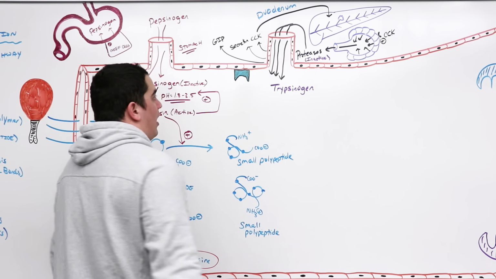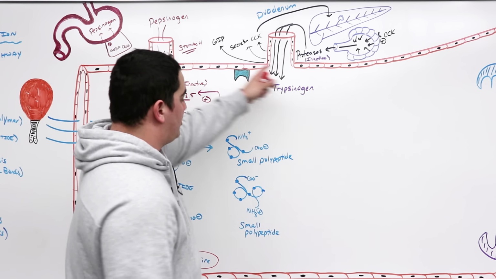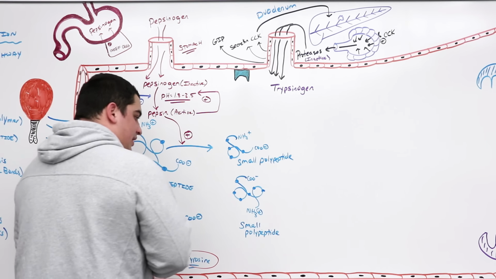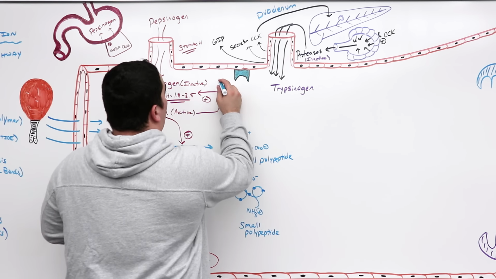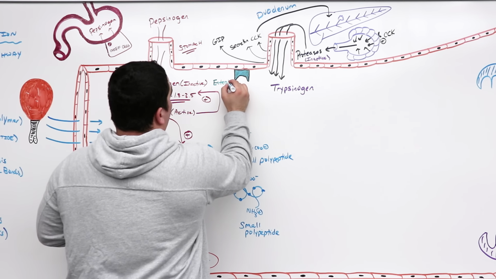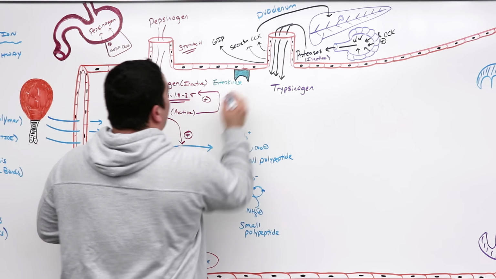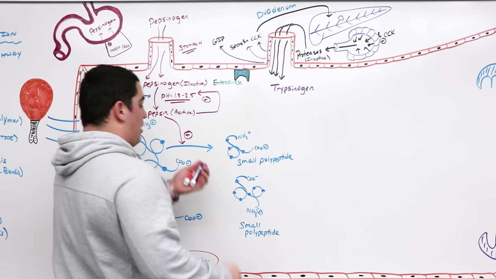When they get into the duodenum, this trypsinogen molecule is so cool. There's a special enzyme present on the epithelial cells, the simple columnar cells of our duodenum. This enzyme is called enterokinase. Enterokinase is kind of like a brush border enzyme actually.